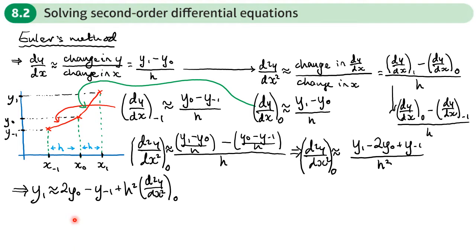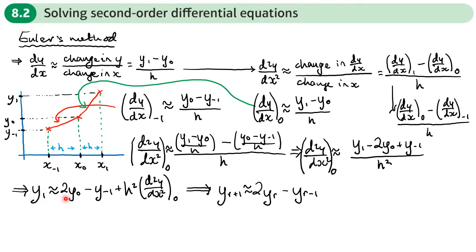And we can now turn this into an iterative formula by using r. So we'll have y r plus 1 is approximately 2yr minus y r minus 1. So we're basically just looking at these numbers here.